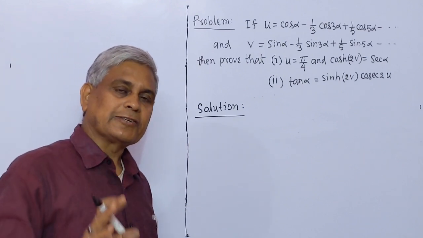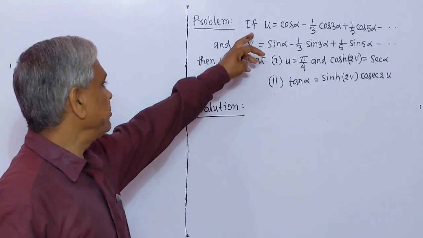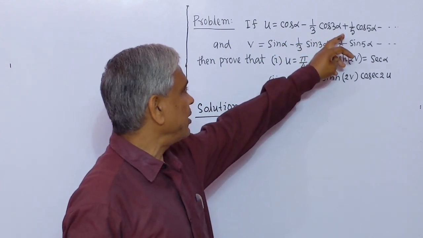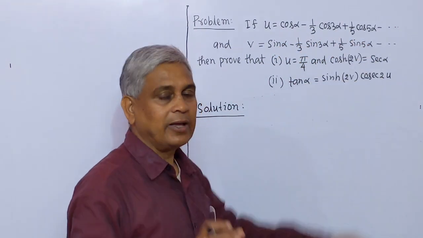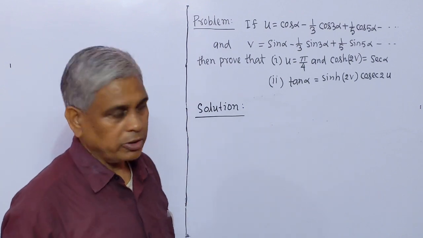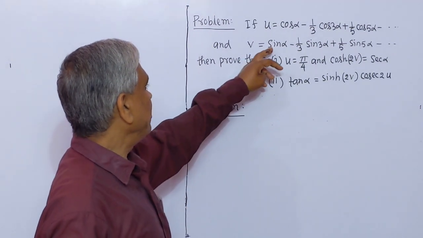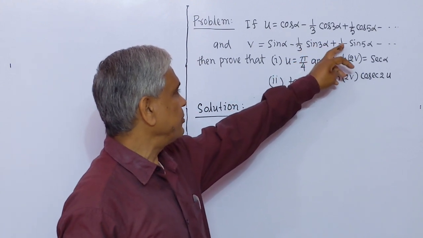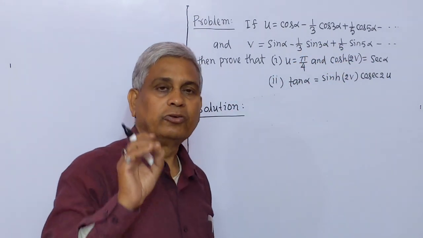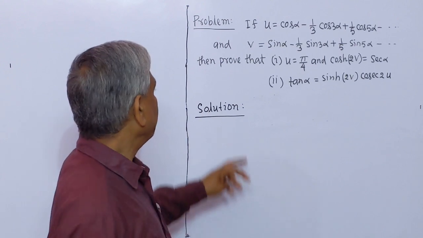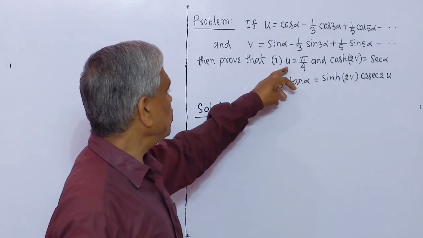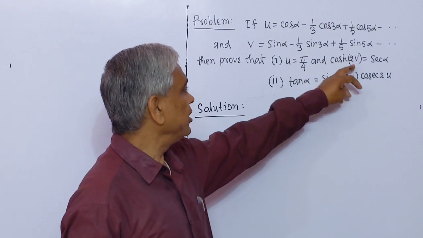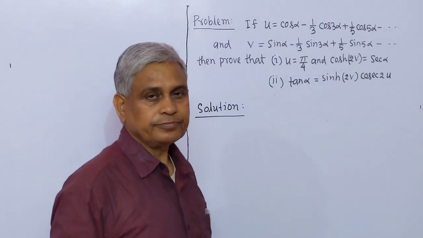Now we solve the next problem. Next problem: if u equal to cos alpha minus 1 by 3 cos 3 alpha plus 1 by 5 cos 5 alpha minus dot dot dot, and v equal to sin alpha minus 1 by 3 sin 3 alpha plus 1 by 5 sin 5 alpha minus dot dot dot, then prove that number 1, u equal to pi by 4 and cos hyperbolic 2v equal to sec alpha.